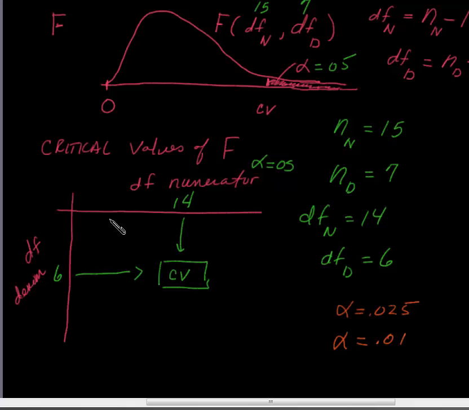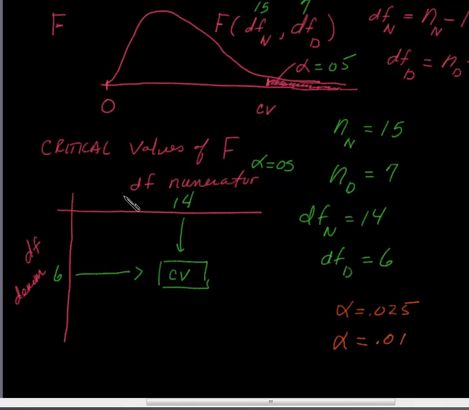Another thing to know is that we've looked up, I didn't give you a number here, but we've looked up a critical value for alpha equal 0.5 when F has got this number degrees of freedom numerator, this number degrees of freedom denominator.